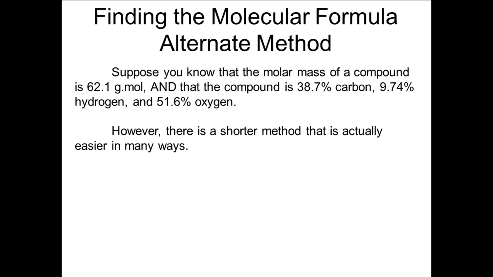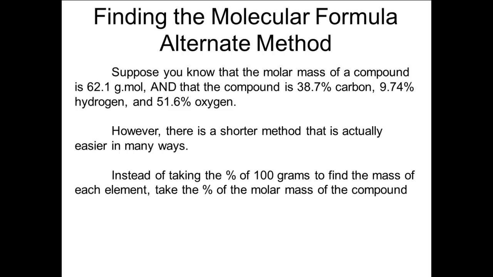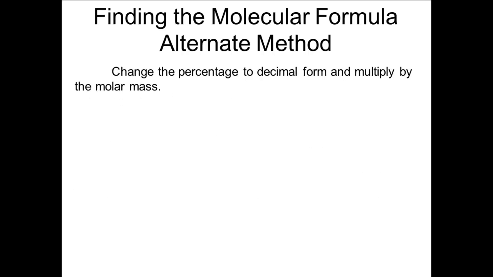An alternate method is possible if we know the percent composition and the molar mass. Instead of taking the percentage of 100 grams to find the mass of each element, take the percentage of the molar mass of the compound. To do this, change the percentages to decimal form, then for each element, multiply its decimal form by the molar mass.